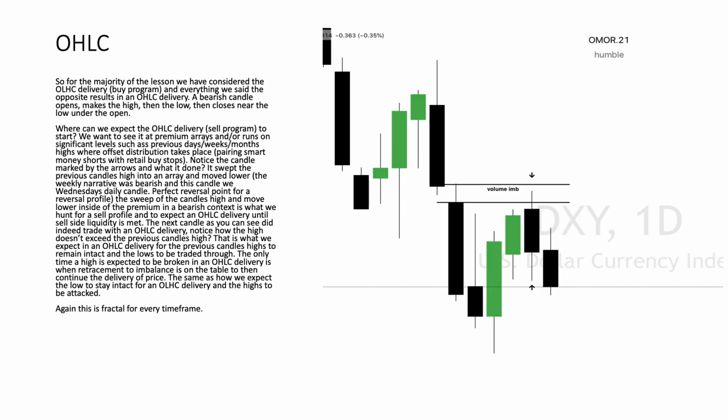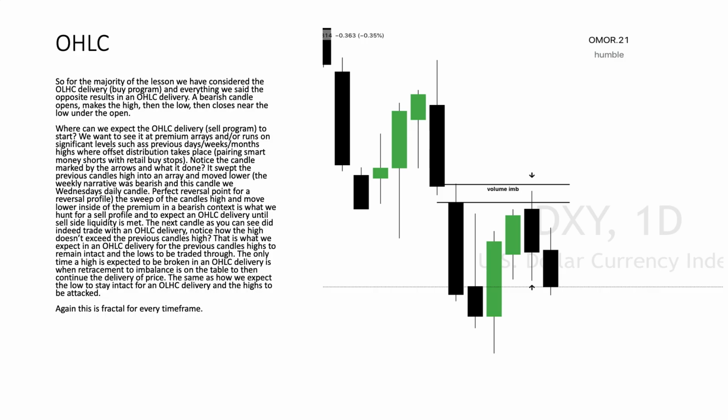So now that was the open low high close. Let's touch on the open high low close. So for the majority of the lesson, we've only considered the open low high close, which is the buy program. And everything we said, the opposite results in an open high low close delivery. A bearish candle opens, makes the high, then the low, then closes near the low, which is under the open.